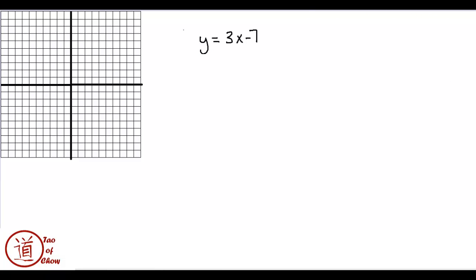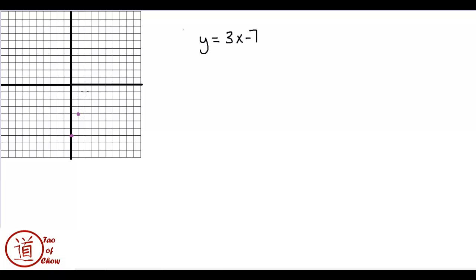So if I were to draw this line, what I would get is a y-intercept of negative 7, so that would be 1, 2, 3, 4, 5, 6, 7. I'll draw this in a different color, so let's go purple. I draw a little point there. The slope is 3, which means it goes 3 up for every 1 across.